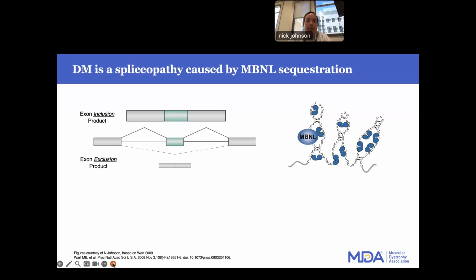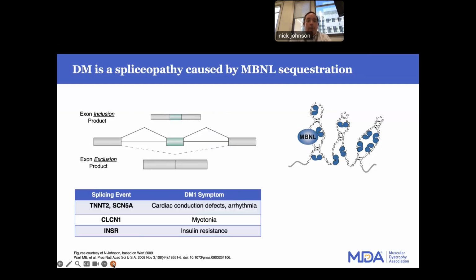But in myotonic dystrophy type 1, it's sequestered in those repeats. And so rather than including the exon that you're supposed to include, you exclude it, making a fetal isoform. And that's really what causes the symptomatic impact.